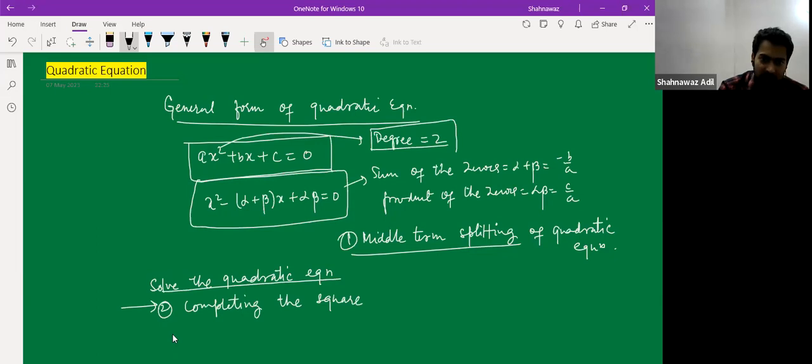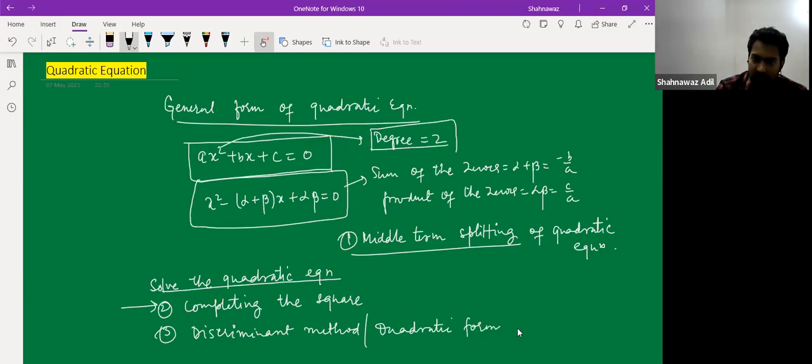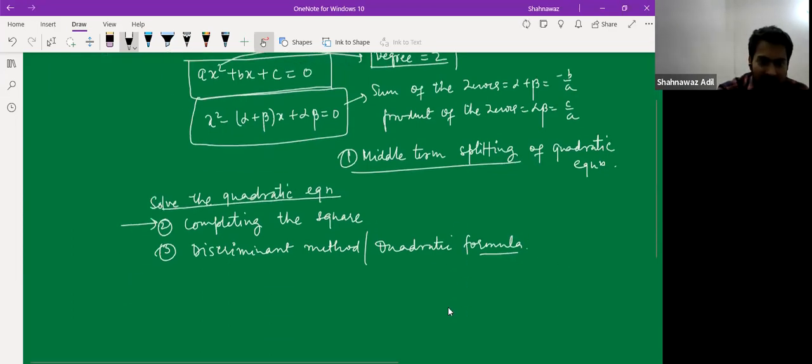And the third method is the discriminant method, also called the quadratic formula, right?